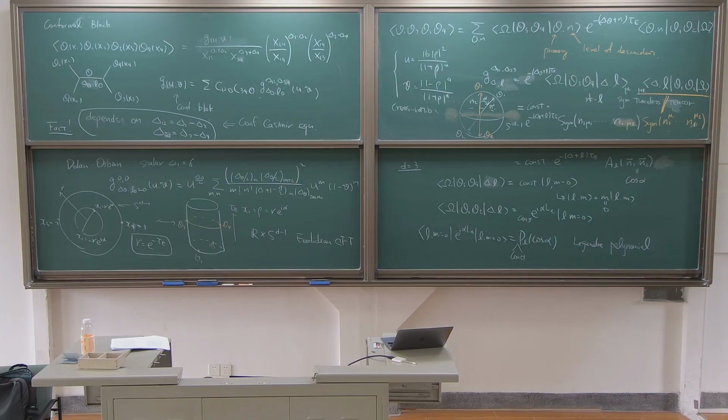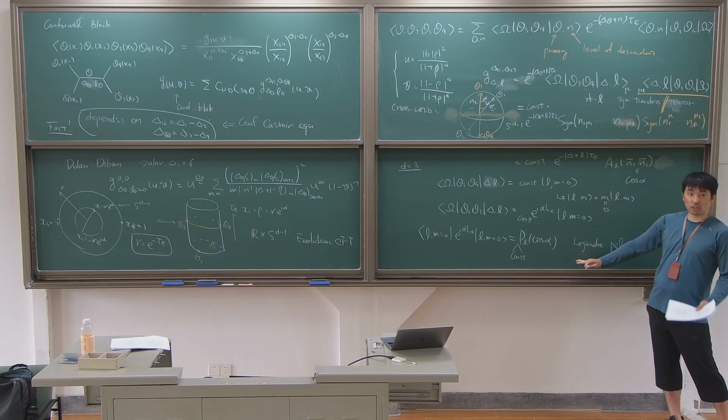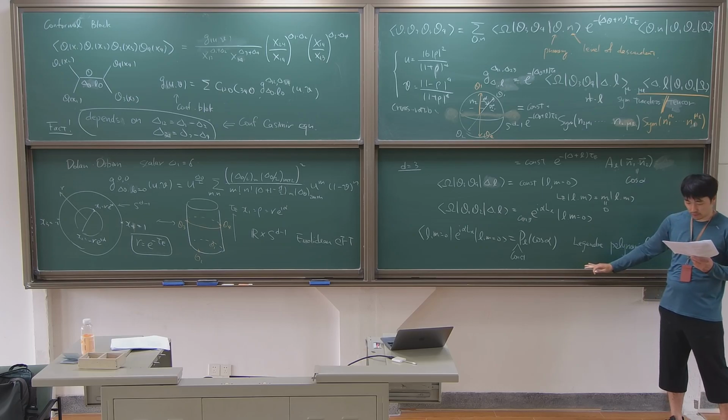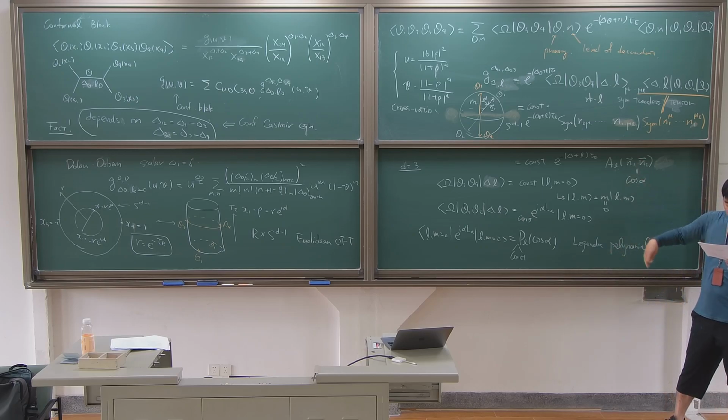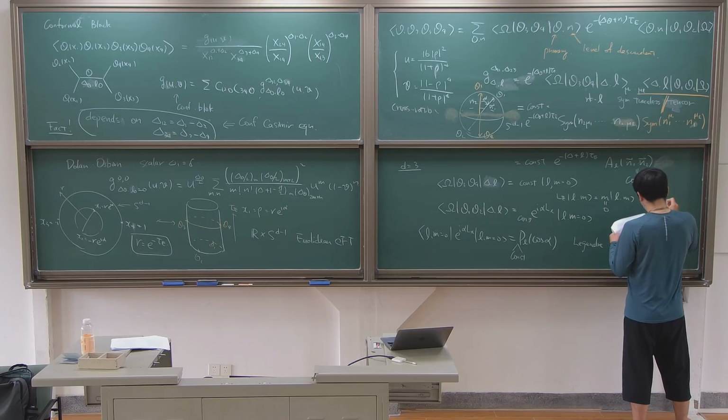So in general, in d equal to 3, this function is in fact the Legendre polynomial. For d equal to 4 it is the Chebyshev polynomial.